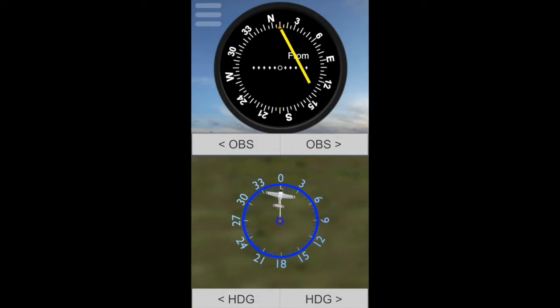All right, we said from the previous slides that if I am on this radial and I select it using the OBS, that means if I am on that radial, the needle will be centered and I would get a from indication.